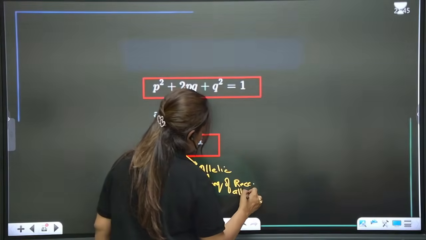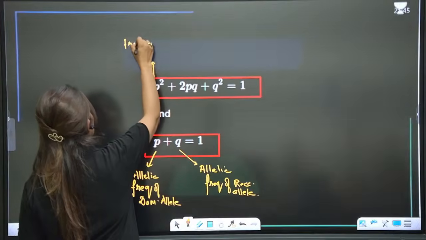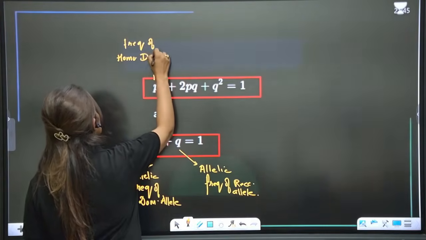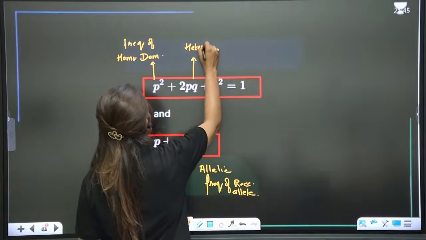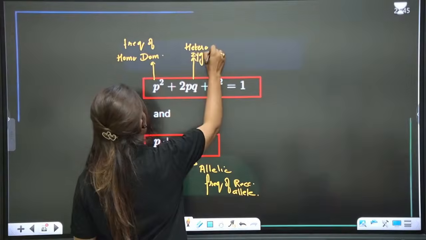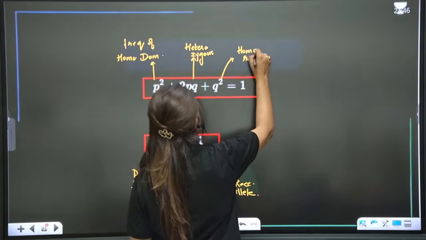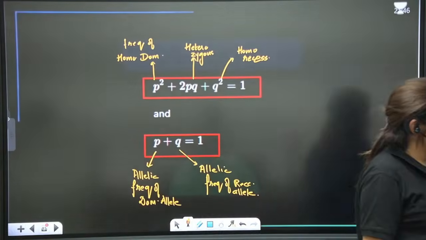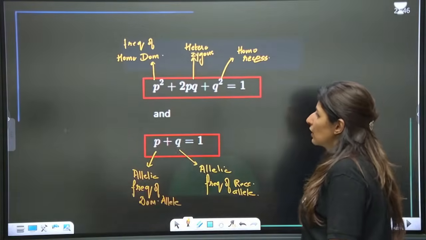And on squaring, p squared is the frequency of homozygous dominant individuals, 2pq is the frequency of heterozygous individuals, and q squared is the frequency of homozygous recessive individuals. Please tell me if these points are clear to all. Is that clear? So direct questions come from this topic as well.